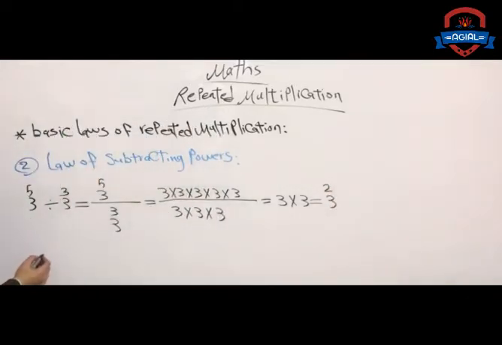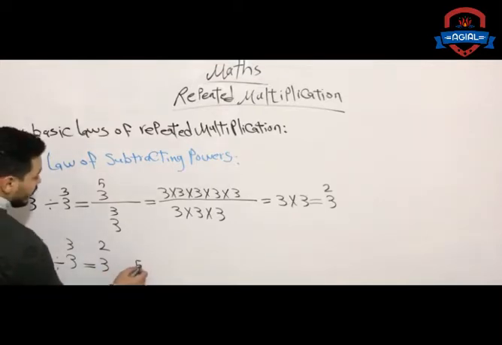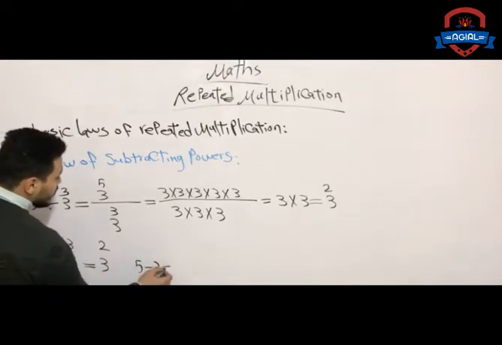So 3 to the power of 5 divided by 3 to the power of 3 equals 3 to the power of 2. Notice the relation between the powers. We have here 5 and 3 and 2. We know that 5 minus 3 equals 2.